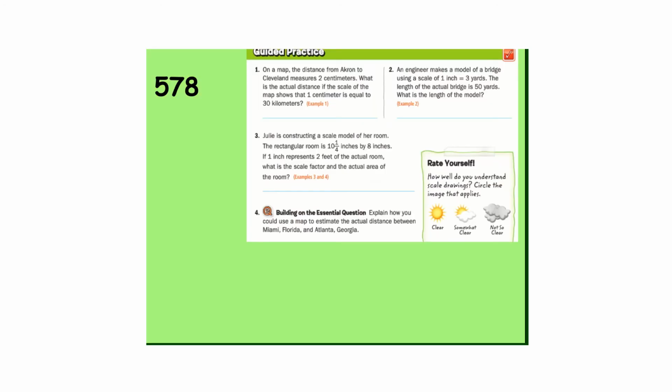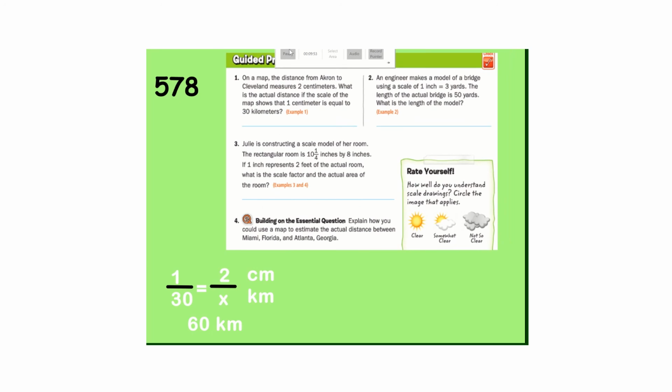Okay. Guided practice. Go ahead and try those 3. 1, 2, and 3. Pause the video and do those. So set up your proportion. It tells you in the problem that 1 centimeter is equal to 30 kilometers. So that's what we have here.